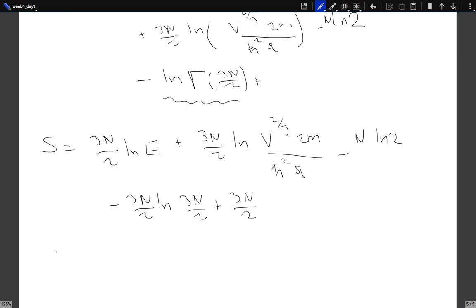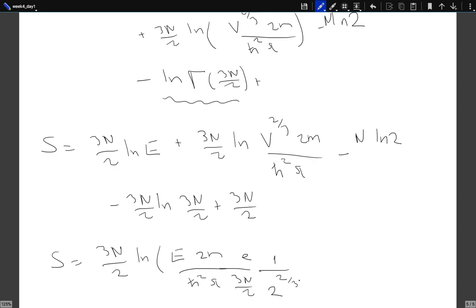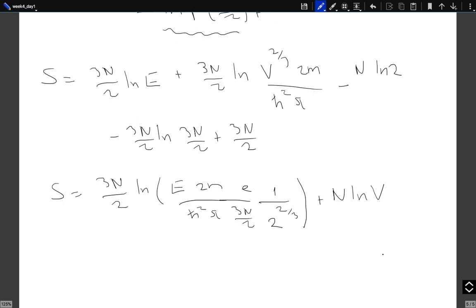Or let me just combine some of the terms: logarithm of e times v to the 2/3. Well, let me separate the v. Times 2m over h bar squared pi, times e, the base of the natural logarithm, divided by 3n over 2, 1 over 2 to the 2/3, plus n times logarithm of v.